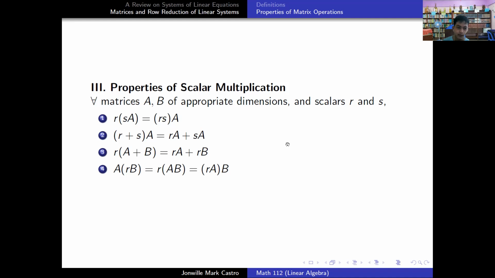Okay, and number 4, we can rearrange them. We have two matrices A and B and a scalar r. We can multiply the scalar to one of the matrices first, or we can multiply the two matrices first before multiplying by the scalar.